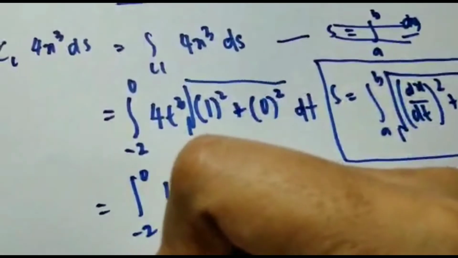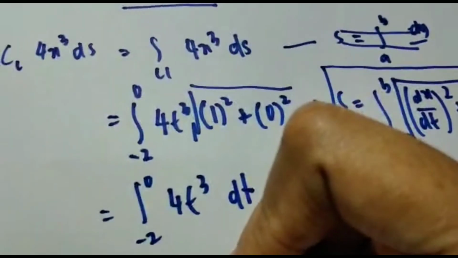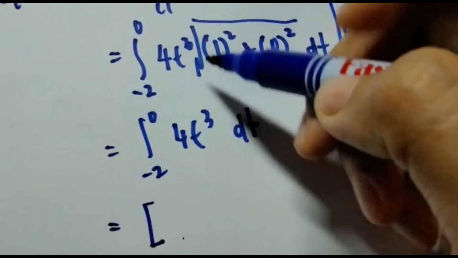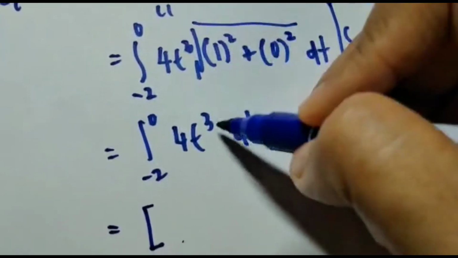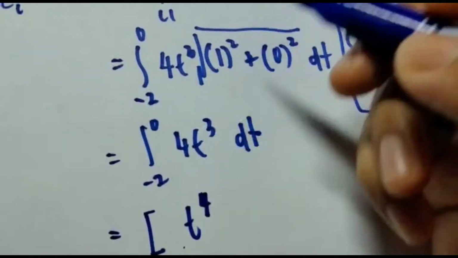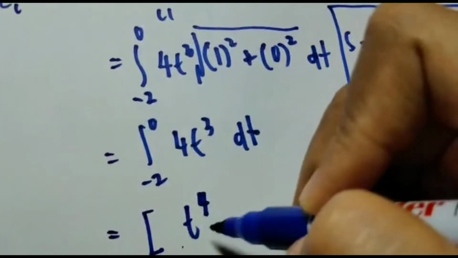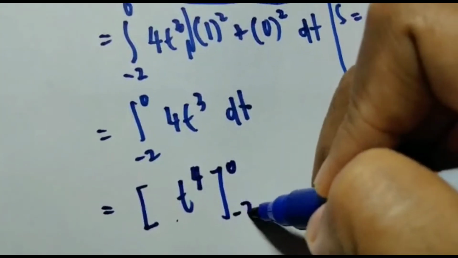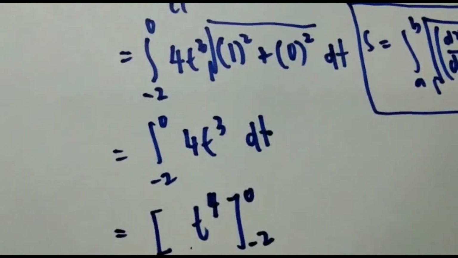So integrate t cubed: t to the power of 3 plus 1, which is t to the power of 4 over 4, from -2 to 0.